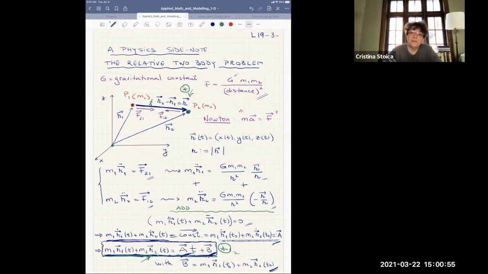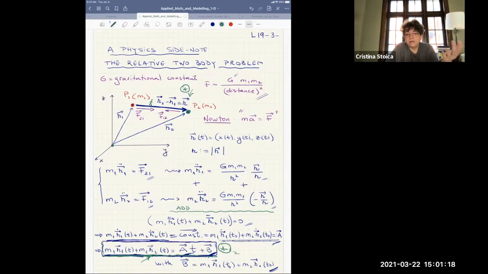So the point is the following. This integral of motion, the center of mass, allows us to reduce the problem from two vector unknowns, R1 and R2, to just one of them. I could choose R1, R2, or the difference.